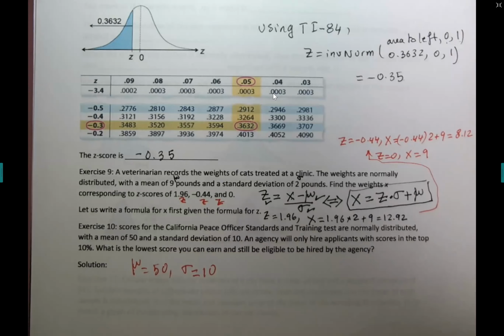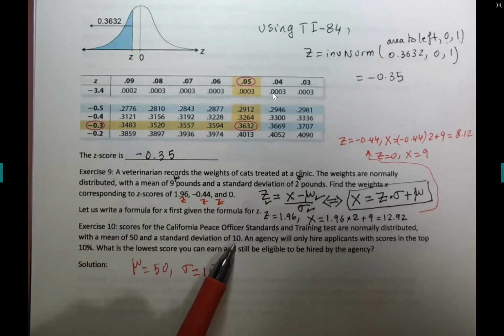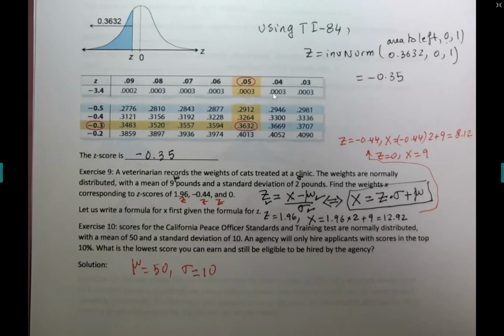Well, actually, let's say I'm applying for this job and I need to know what top 10% means, what score I need to get. All I know is that the average is 50 and the standard deviation is 10. What would be a top 10% score to qualify a person to be accepted for the job?